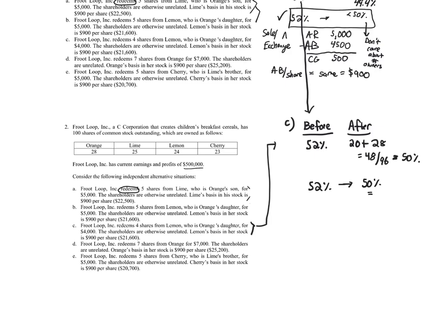So the tax law, this is a very specific circumstance. The tax law says if you have 2 owners, like we had in problem 1D, 2 owners, and you go from more than 50% to equal to 50%, it's a NEED, sale or exchange.